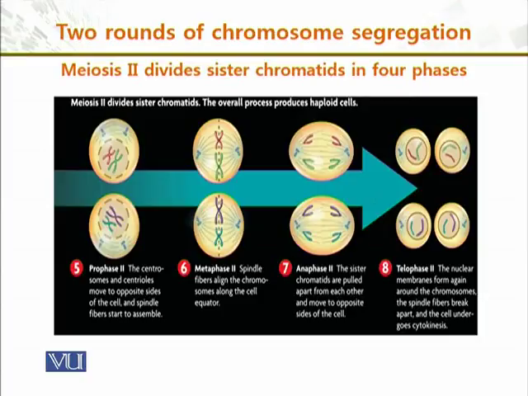And mind you, in all these, there is now a haploid number of chromosomes. So this is how chromosome segregation takes place after cytokinesis. And the process still continues in a different way.